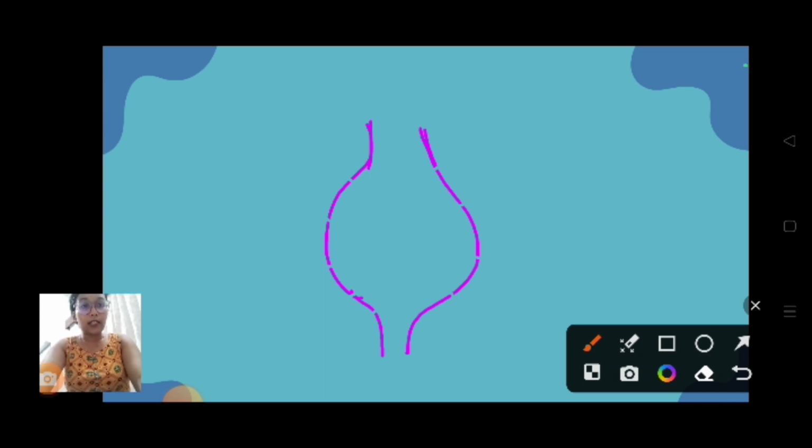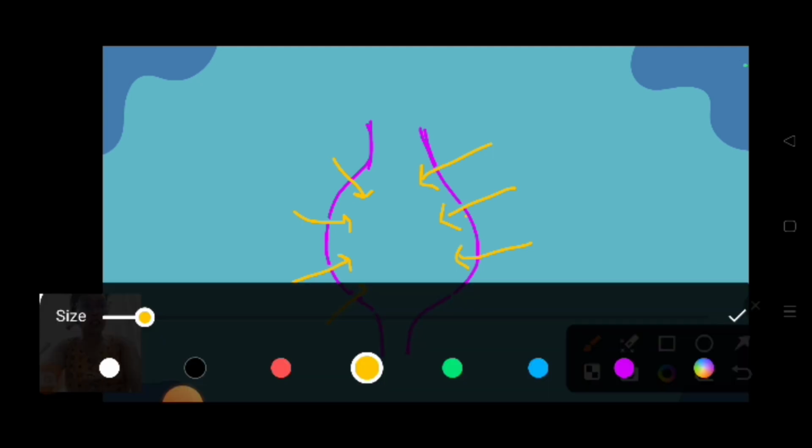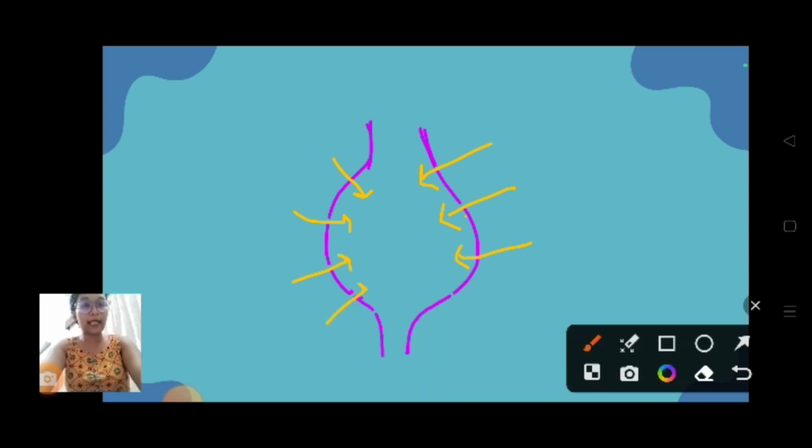You can see pore-like things from where the water gets inside. This pore cavity is your ostia, from where the water gets inside. Water in.